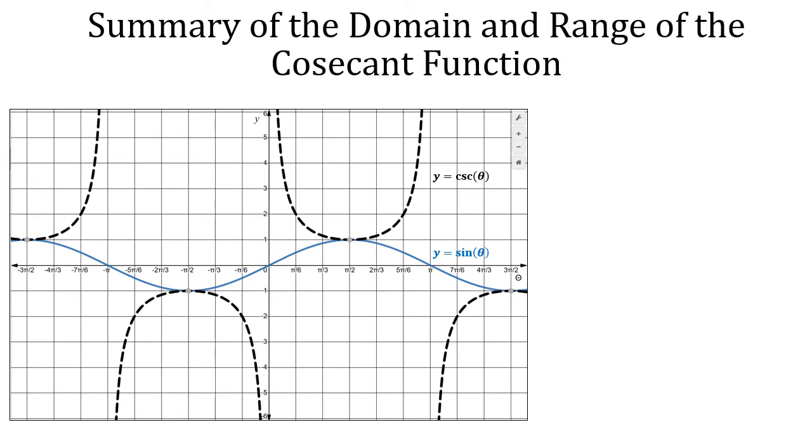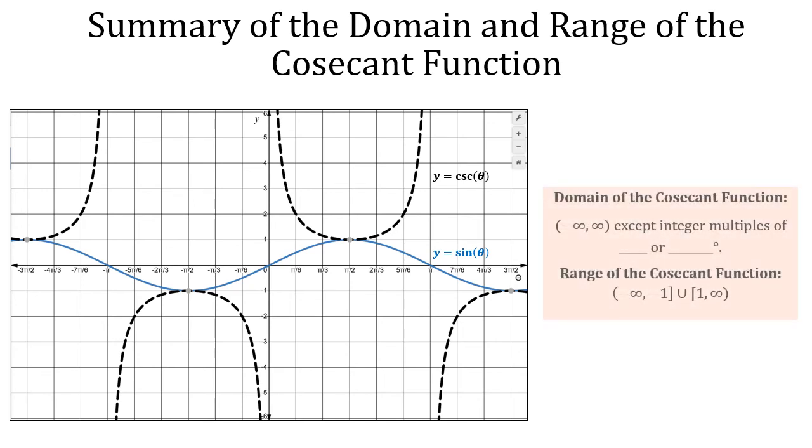Now let's do a summary of the domain and range of the cosecant function. The domain of the cosecant function includes all real numbers except integer multiples of pi. So we see the cosecant function in the dashed line, and we can see that there's vertical asymptotes that appear to be from the left at negative pi, looks like at 0, and it looks also like pi.